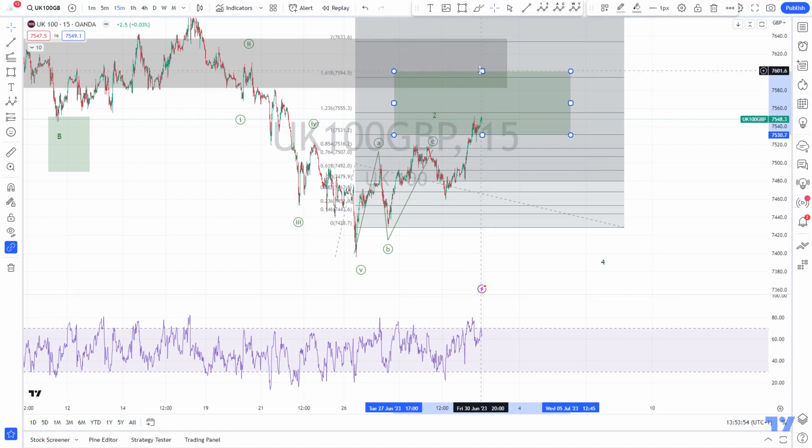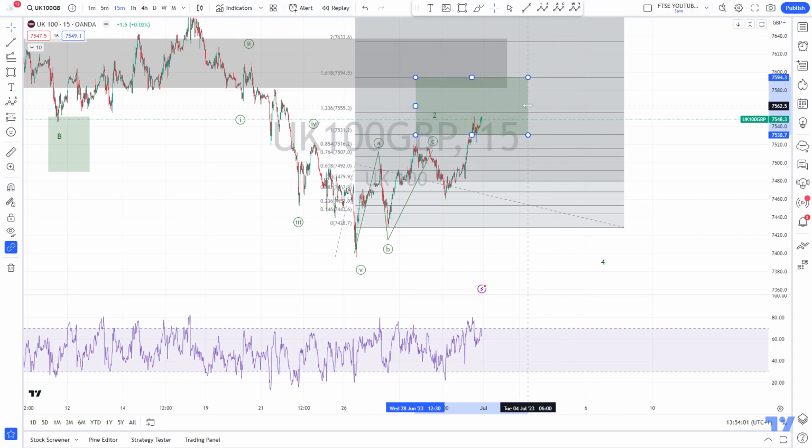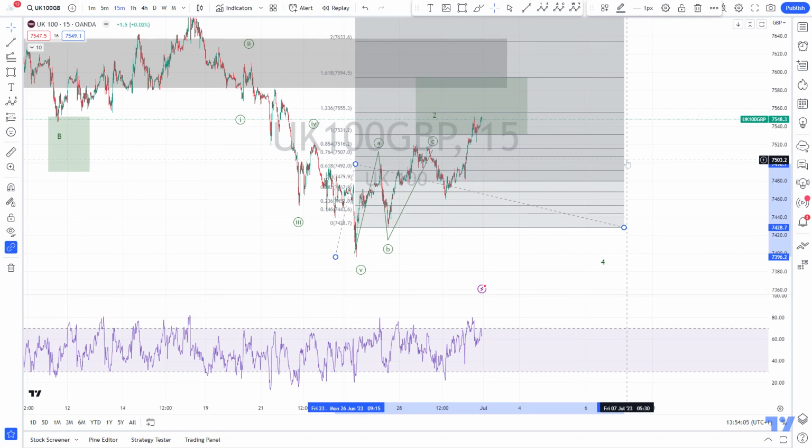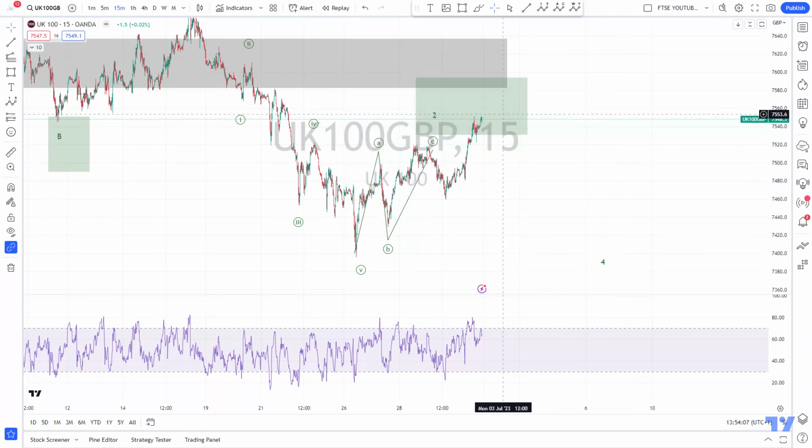Between the 1 and the 1.618 Fib extension is the area from where we can expect a move to the downside. Now, for these kinds of trades, I also told you it's really important to see 5 waves end here and to have divergence. And on Friday, this was simply too strong.